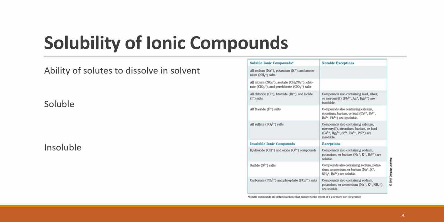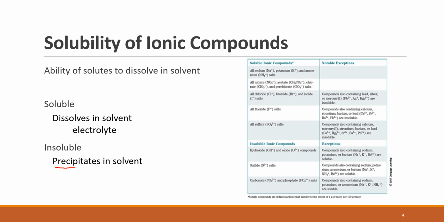We're going to use this to figure out if a compound is soluble, meaning that it dissolves in the solvent that it's in, or if the compound in question is insoluble. Insoluble means it precipitates out, it forms a solid.